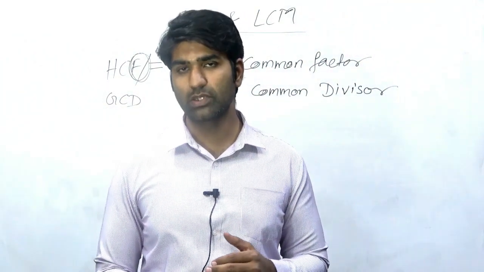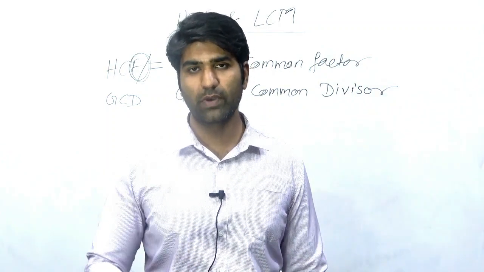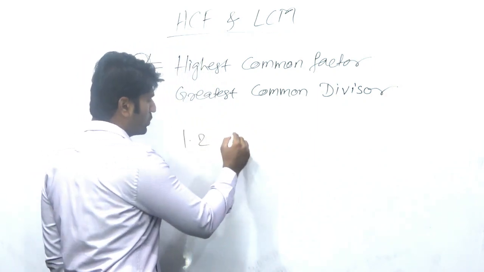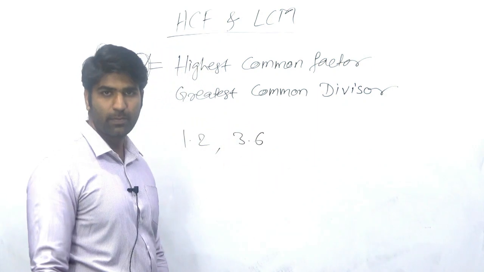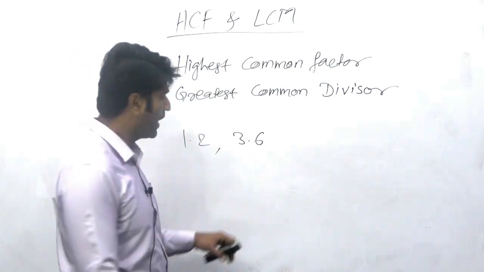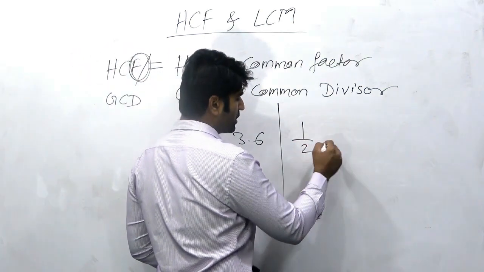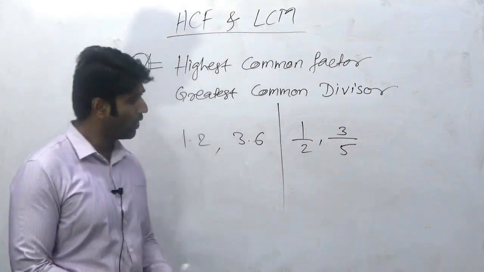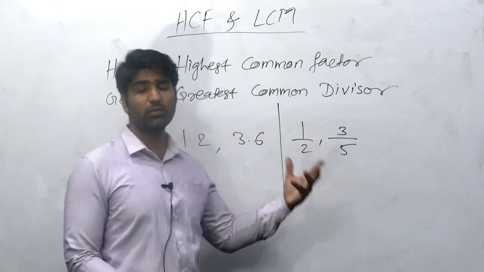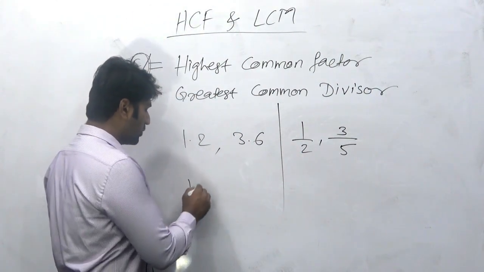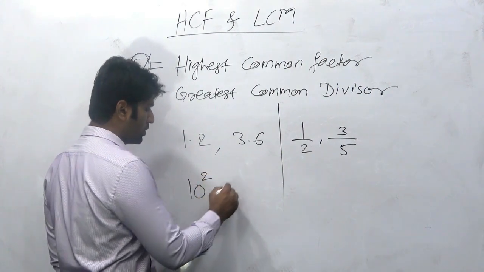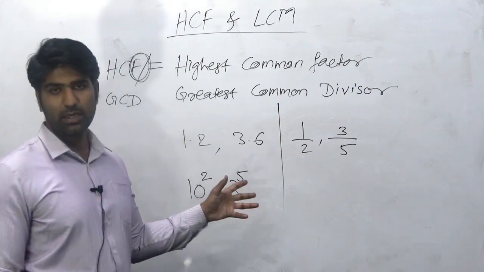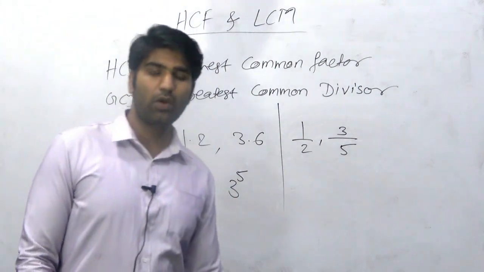We haven't taken fractions, like decimal fractions and simple fractions. Decimal fractions are like 1.2, 3.6, etc. There is a different method for this, and there is another type of fraction, simple fractions, 1 upon 2, 3 upon 5, etc. So we have another method for this, and there are some other numbers with exponents, like 10 raised to 2, 3 raised to 5, etc. If the numbers are like this, then we have another method.